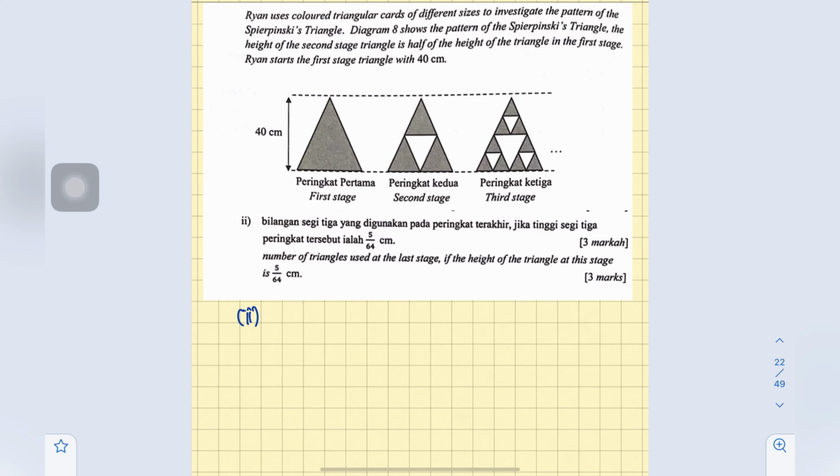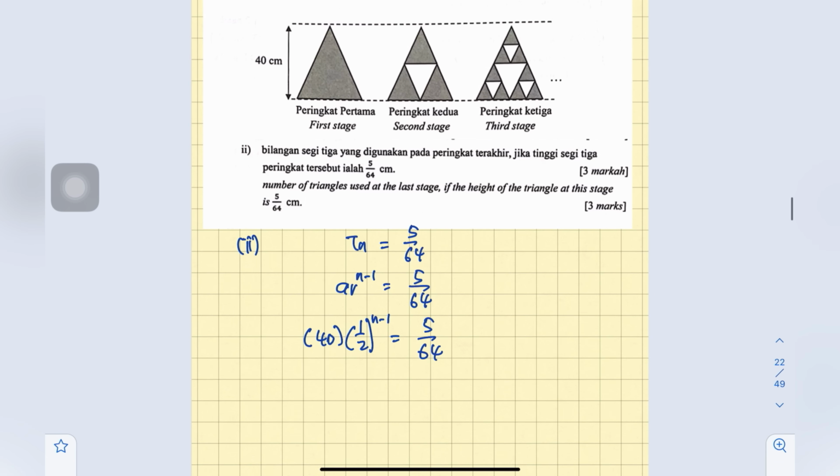Okay, the first one, we need to find Tn equals 5 over 64. So Tn is AR power of n minus 1 equals 5 over 64. Just now A is 40, R is 1 over 2, power of n minus 1 equals 5 over 64. Then 1 over 2 power of n minus 1 is 5 over 64 over 40, so 1 over 512.